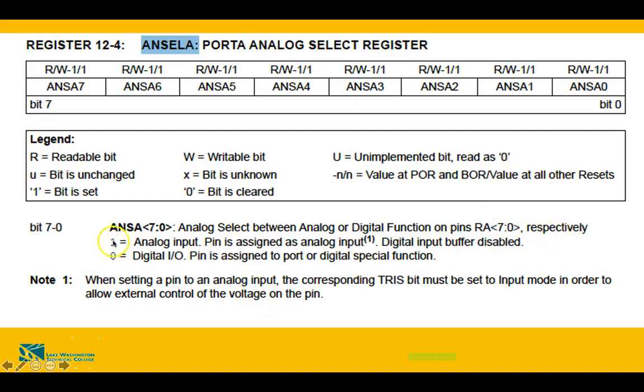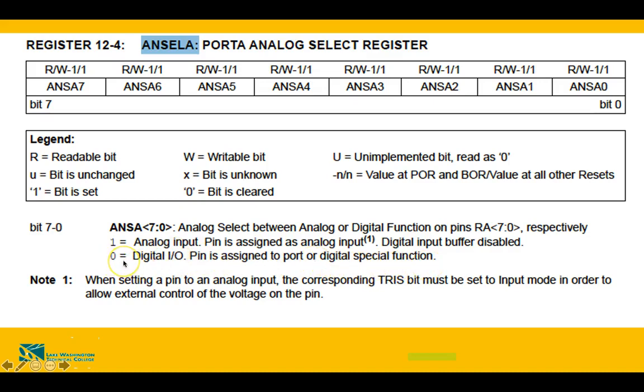So if you put 1 into these bits, the pin is assigned as analog input, and the digital input buffer is disabled. If you provide 0, then it will act as digital input output, and the pin is assigned to port or digital special function.